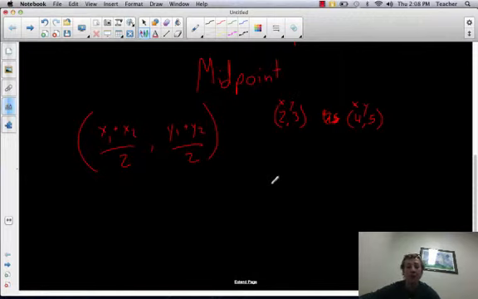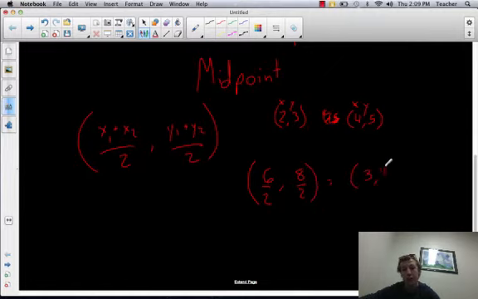Okay, now, if we have x of the first coordinate, and x of the second coordinate, that will be 2 plus 4, so we end up with 6 over 2, and then we end up with y sub 1 plus y sub 2, so 3 plus 5, which as we all know is 8. 8 over 2. You can simplify this and you get the answer 3, 4.